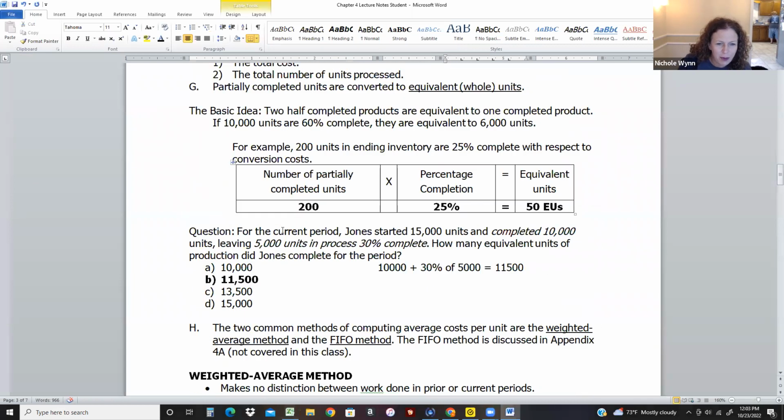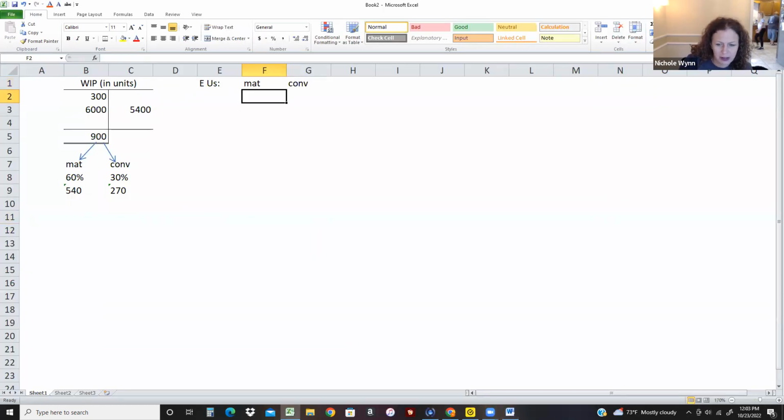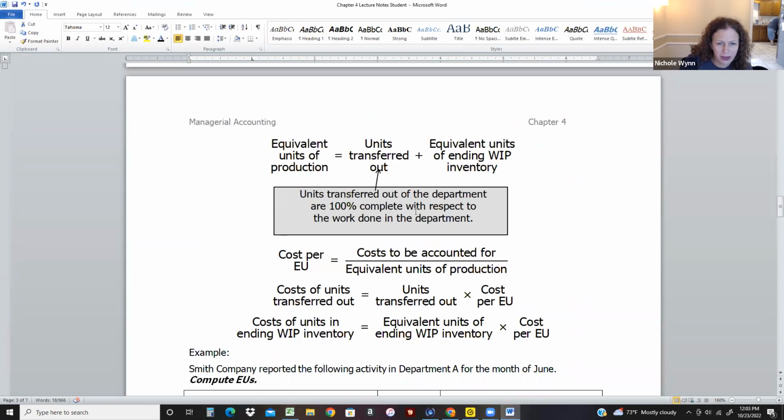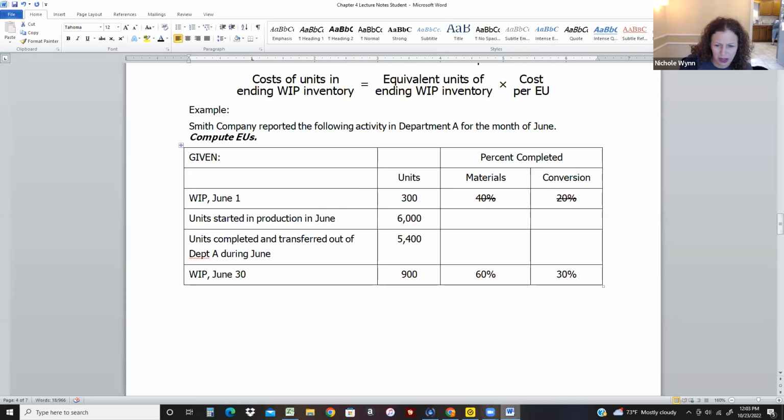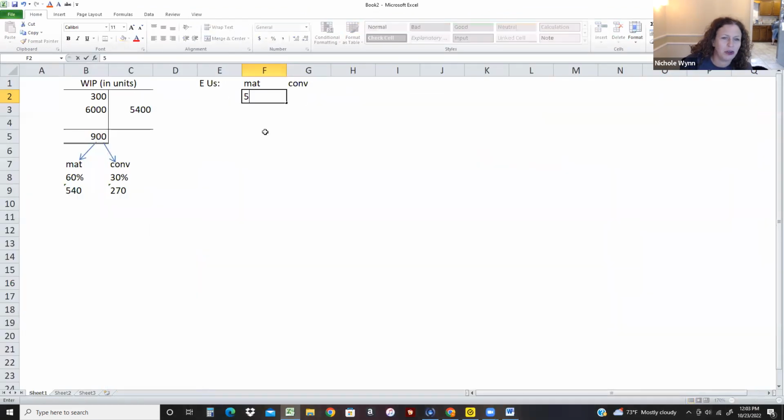Oh, it was here. And we said, we definitely finished 10,000 units. And we also finished 30% of the 5,000. So same idea here. So we definitely finished the units that are transferred out. So that 5,400. So we finished 5,400. We definitely finished 5,400 for material and conversion.